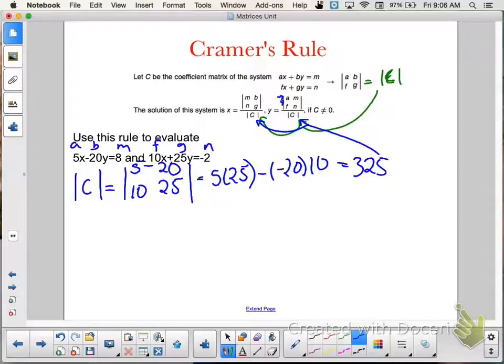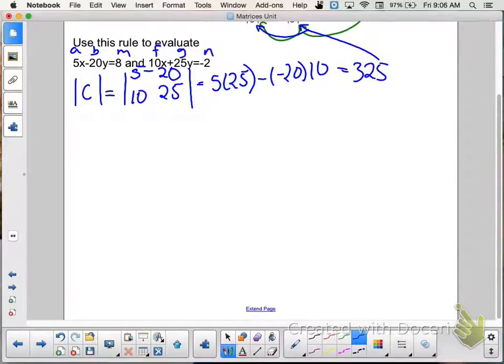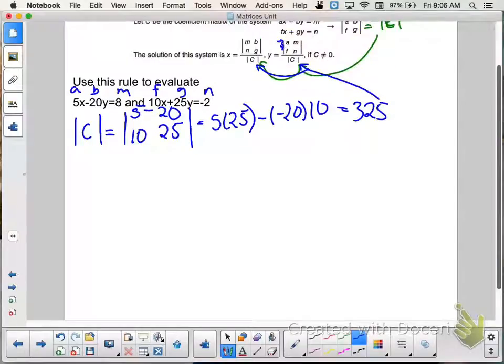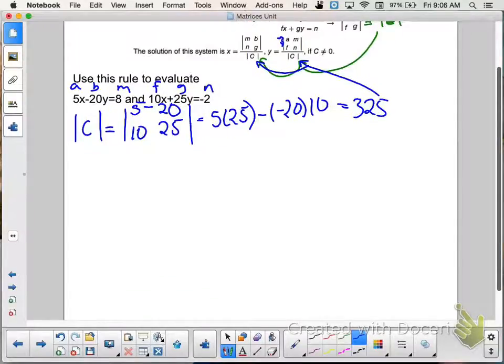So now that will go in for each of these. Now I can figure out what my x and my y are. I want to do x. X equals my coefficient determinant on the bottom, and then this determinant on the top. M, then N, so 8, and then negative 2. B and G, so negative 20 and 25.